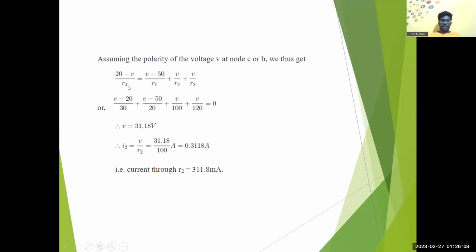Current I equals V by R, so we have taken the difference between two voltages, that is 20 minus V, divided by the resistance R4. The voltage difference across each resistance divided by the resistance gives its current: the terms for R1, plus V by R2 plus V by R3.